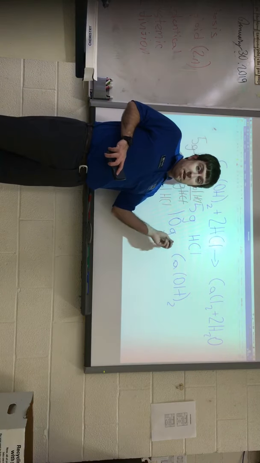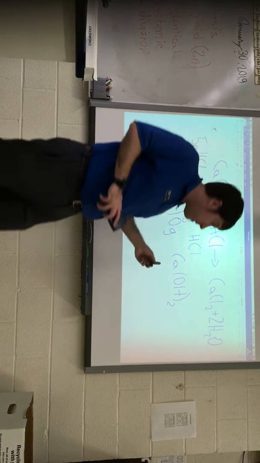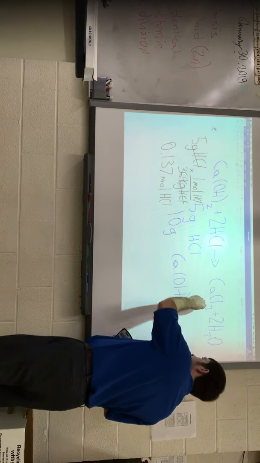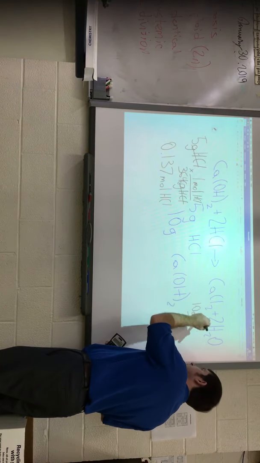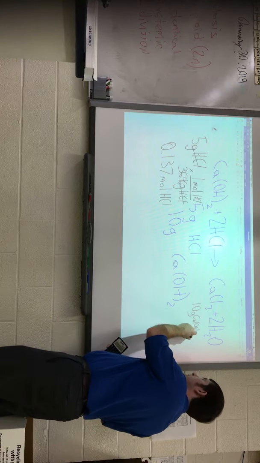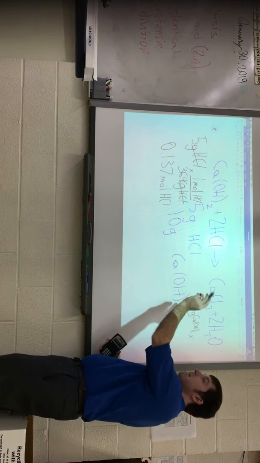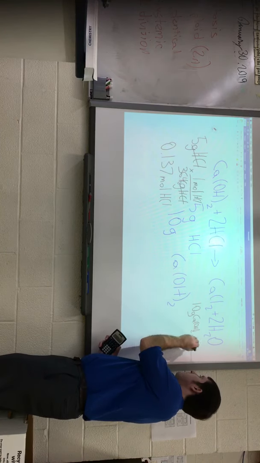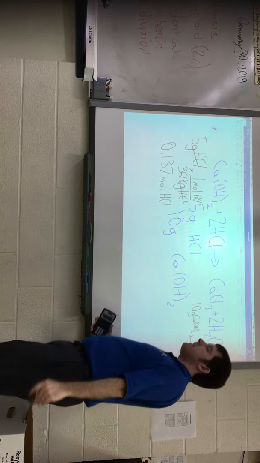We need to do the same thing to this one now, so we can have numbers to compare. So, 10 grams of calcium hydroxide. We're going to multiply it, same exact setup as over there. 1 mole of this on top, and we know how many grams the molar mass of this is.